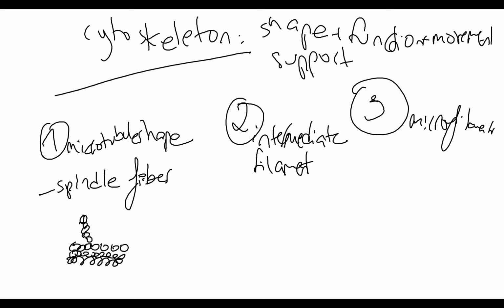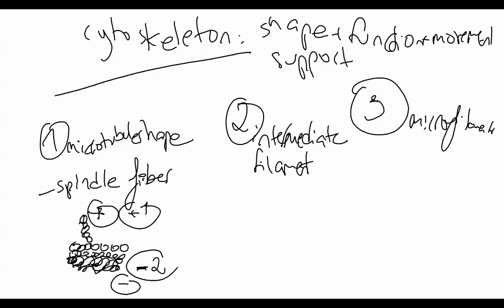They have a positive end and a negative end. The positive is always up and the negative is always down. We can always add at one end and subtract at the other, and this way the microtubule is done.